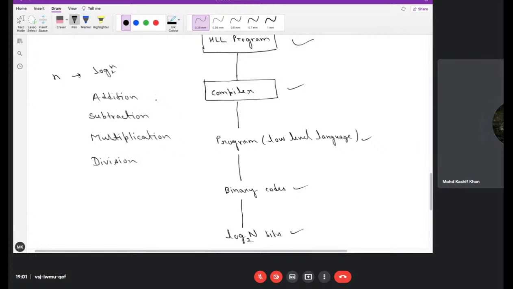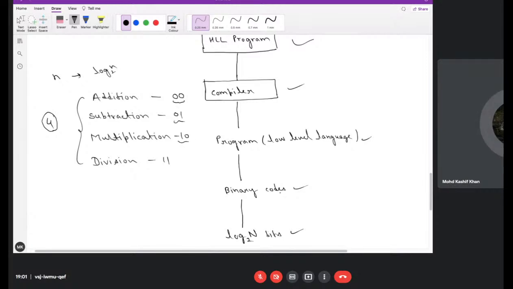Now, to represent these four operations, you require only two bits: 00, 01, 10, 11. Right? You have a total of four instructions. But to represent each instruction, how many bits do you require? You require only two bits, right?